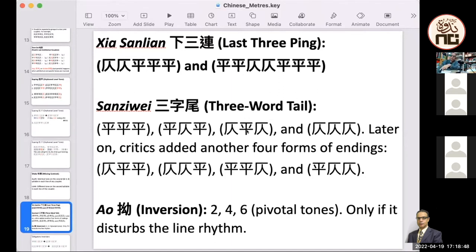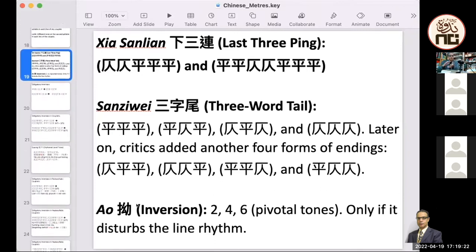It doesn't have to be the same tone, so it can come as three ping or three zi or variations between ping and zi. Later on, the critics added more variations like zi ping ping, zi zi ping, and so on. But this is just one word that comes in any variation, or even just one tone.